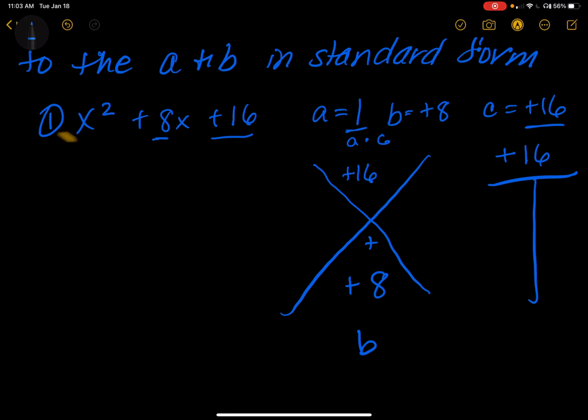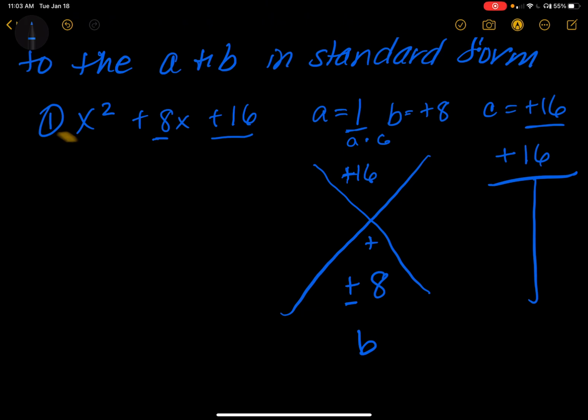So we will start by noticing, first of all, that our positive 16 is positive. So that means that when we multiply two numbers together to get positive 16, they either both have to be positive or they both have to be negative. But then when we look at what we're adding together, the sum of the two factors is positive.